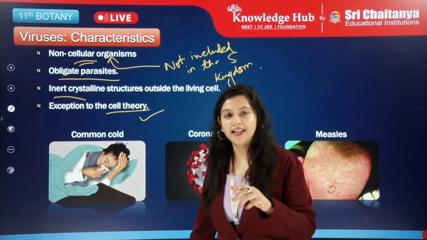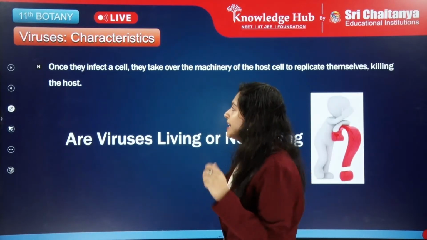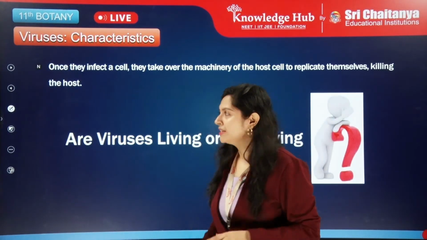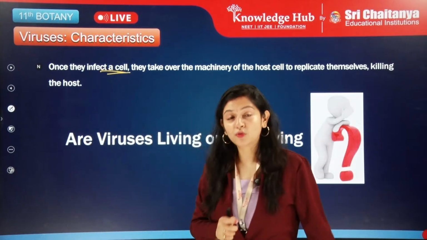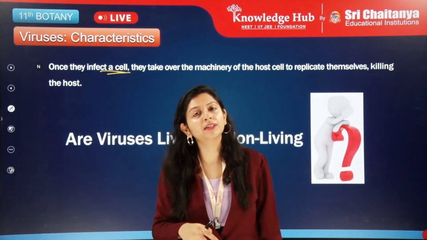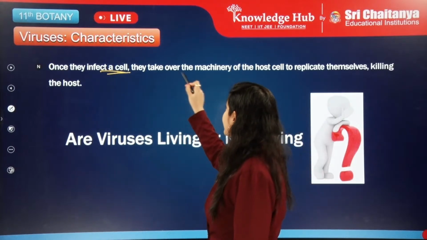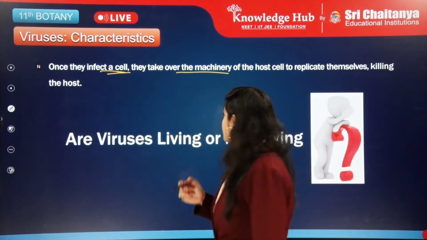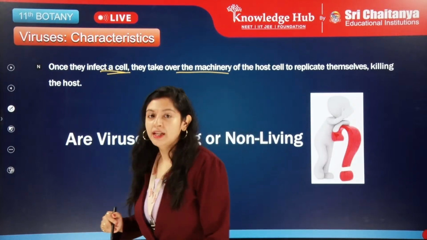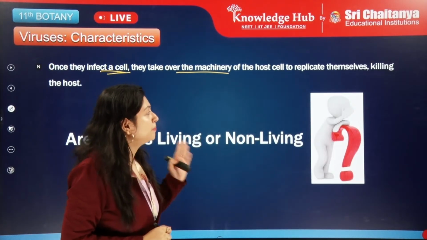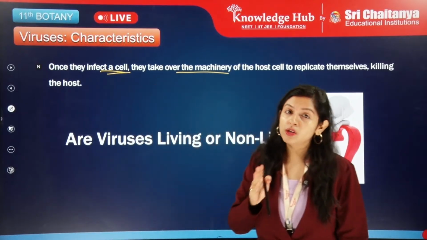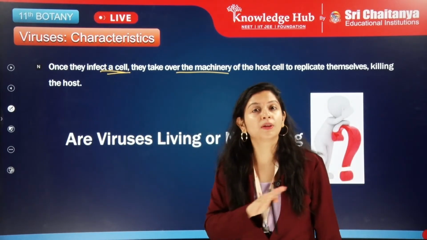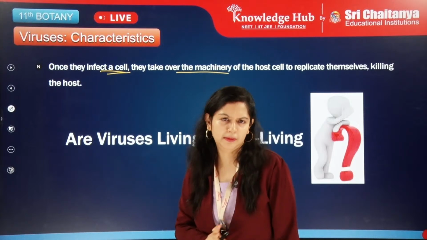So let's see the other characteristics of the viruses. Once they infect a cell, any cell, they take over the machinery of the host cell to replicate themselves, and in this case, they can also kill the host, but that doesn't bother them.